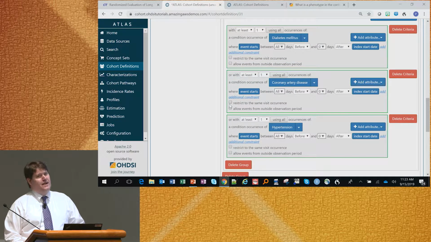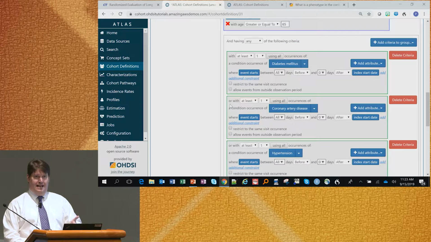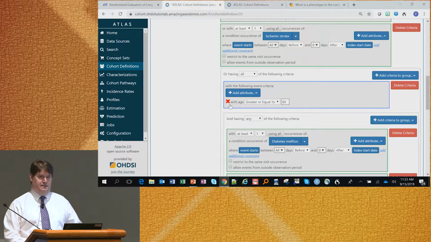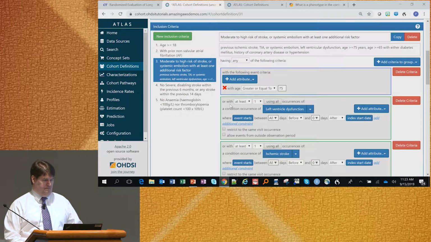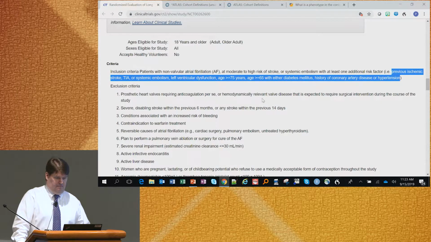Okay, I know that was a rough one, but it just goes to show, as complicated as this looks, you can handle some pretty complicated use cases with this. The point to reinforce here is, going back to that sentence in the trial, previous ischemic stroke, there is a lot baked into a simple sentence like that, and you have to be very clear about exactly what's actually playing out there.